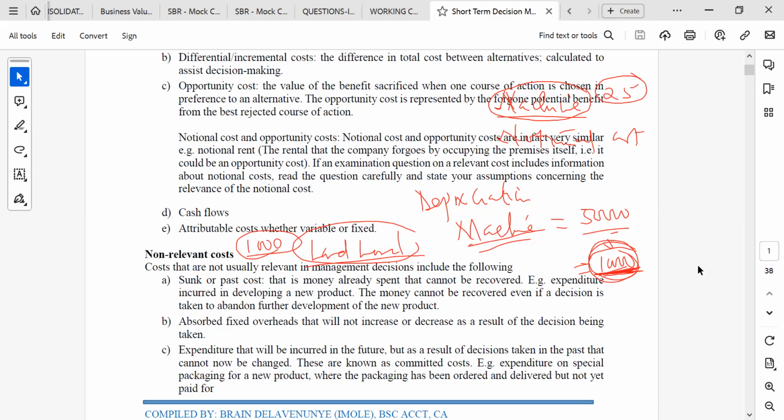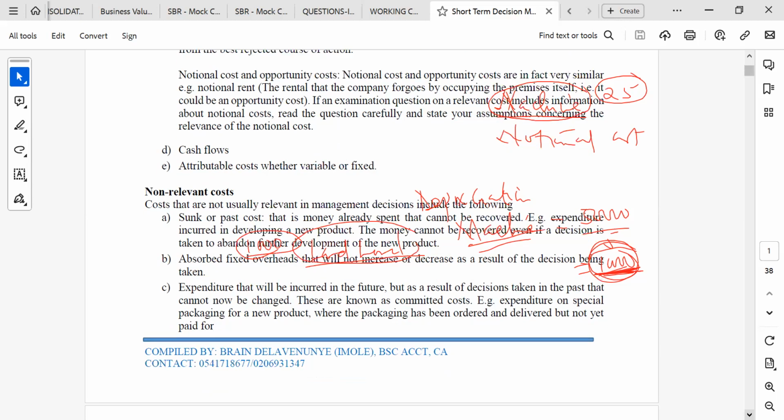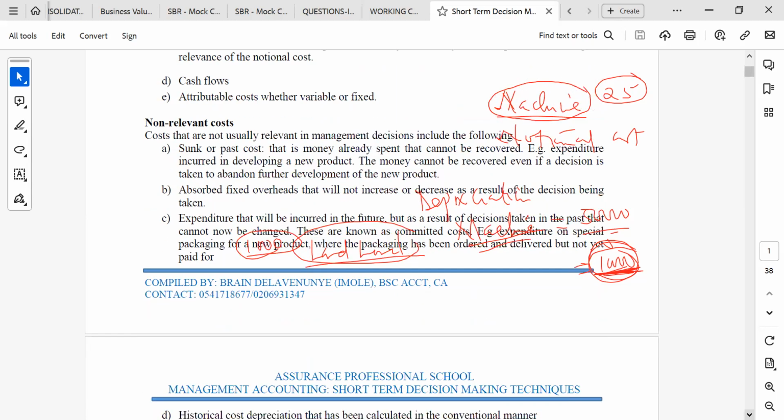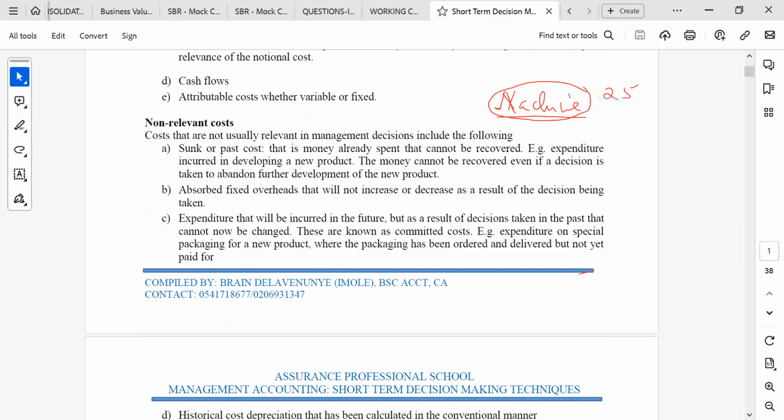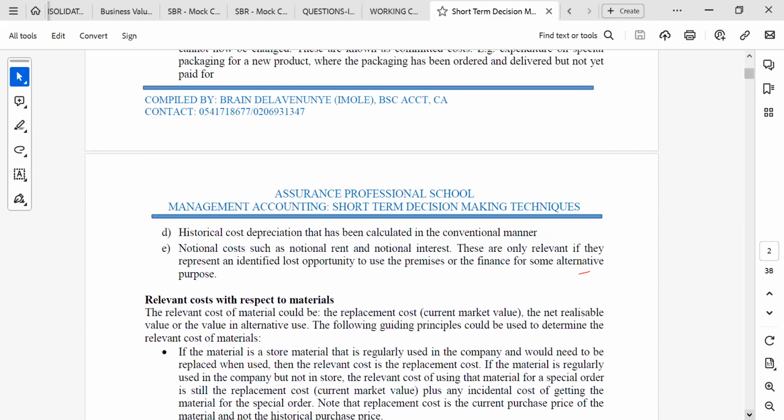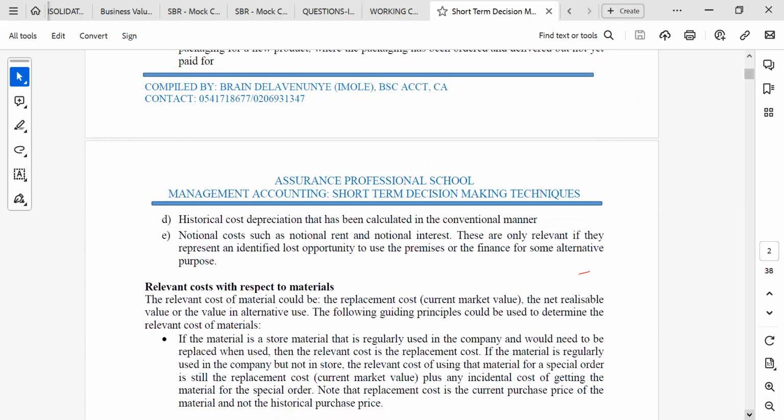So you say, okay, I'm coming to buy a car, or you have taken a car from someone and you are going to pay in the future. That can also be a cost that you'll be paying in the future, which can be called a committed cost. So if you are given a question, you have to analyze the question very well to know whether this is a relevant cost or not a relevant cost.